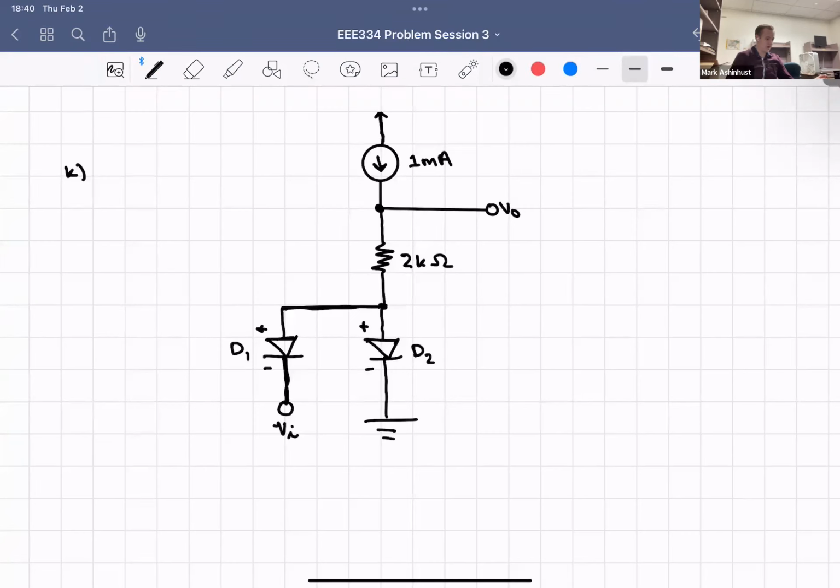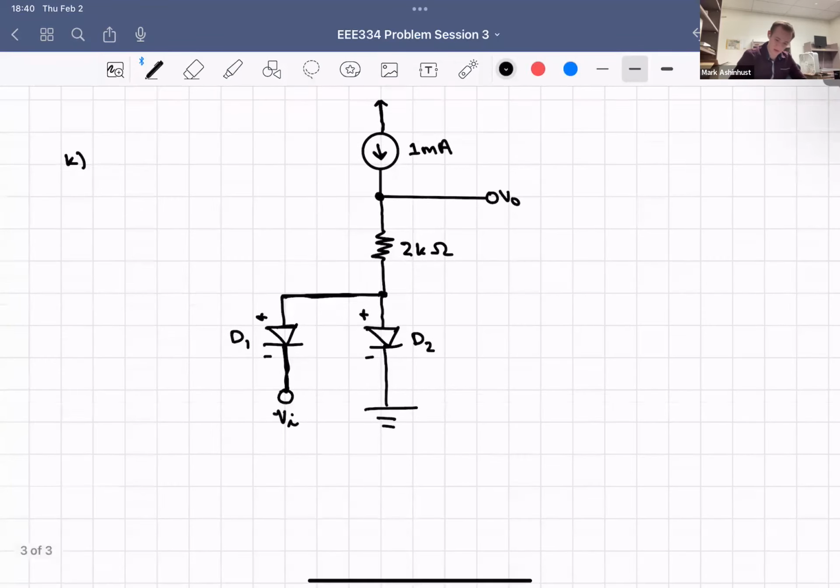So, we have that going. This diagram's a little bit larger, so we might have to use more than just half the page. So we have positive half and negative half.